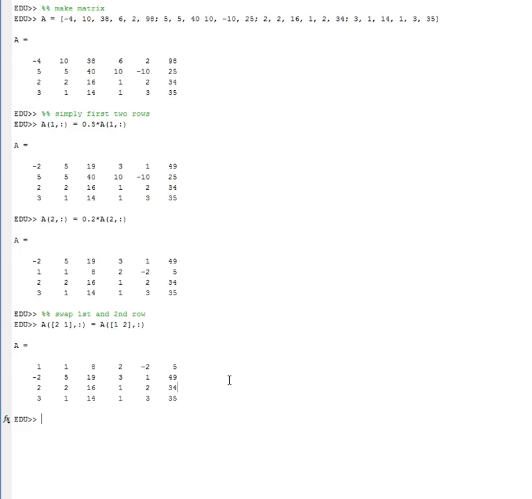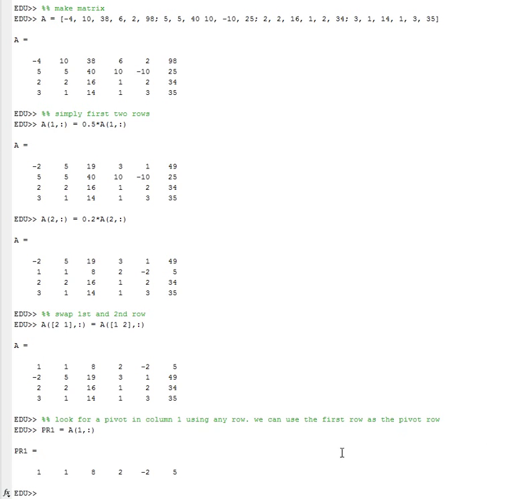That's using our swap elementary row operation. Okay, so we're going to look for that pivot in the first column, and we set it up so that we already have it in the right spot. So we got our pivot, we got this row as our pivot row.